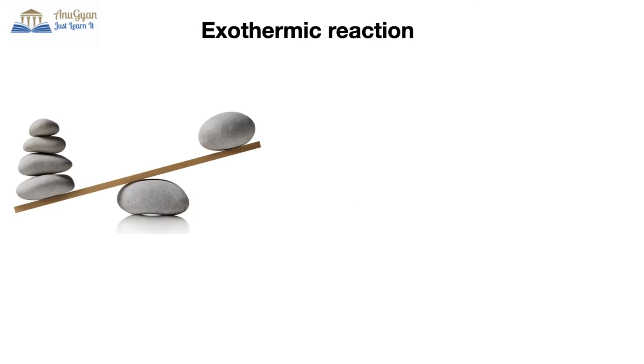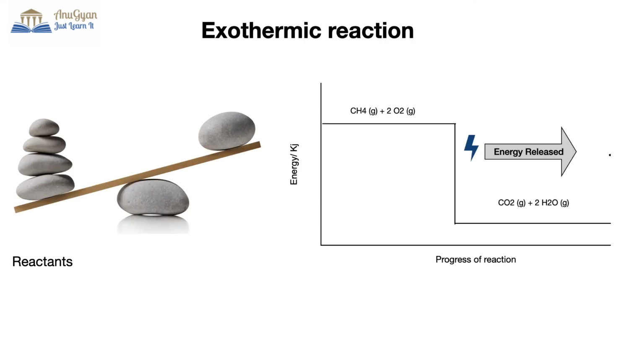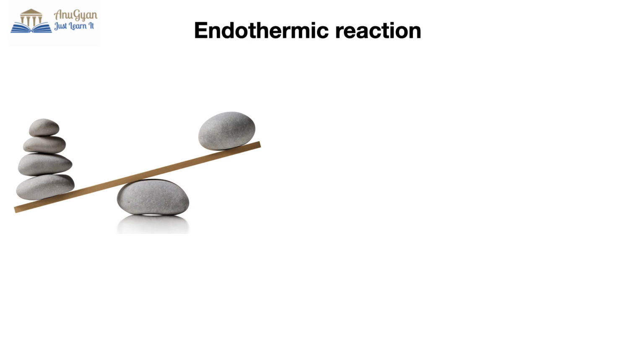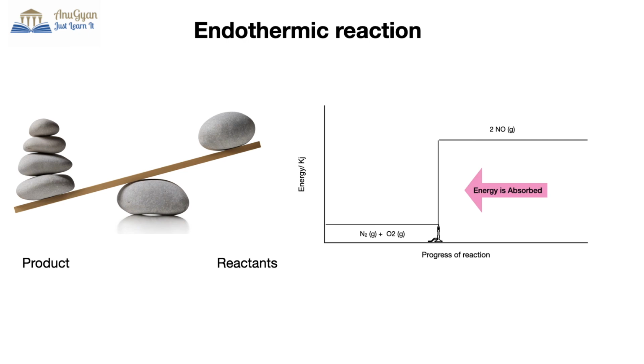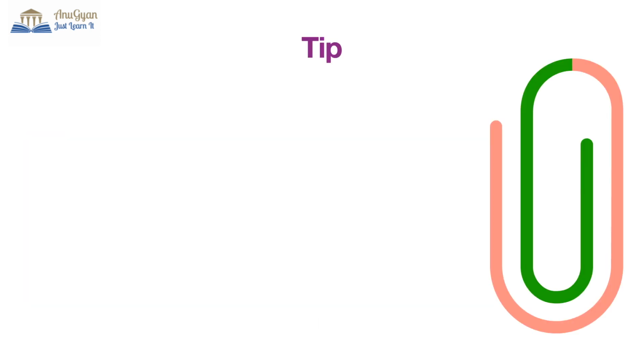Hence, in an exothermic reaction, the energy of the reactants is much more than the energy of the products, which is why energy is released when they convert from reactants to products, and the value of the delta H is negative. In an endothermic reaction, the energy of the products is much more than the energy of the reactants, which is why the reactants absorb energy to produce the products, and the value of delta H is positive.